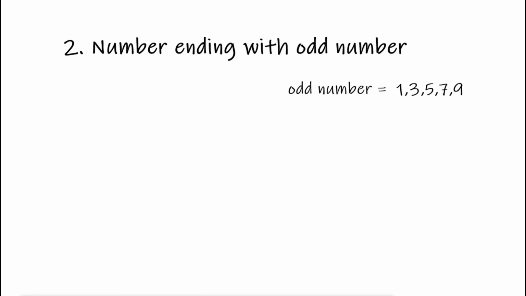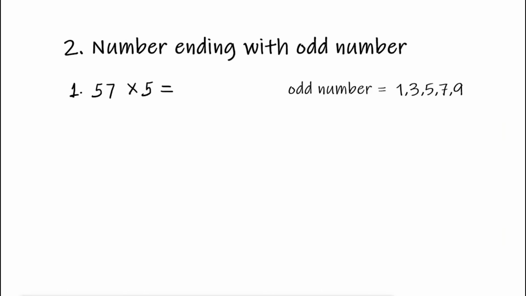Let's take one example. The first example is 57 multiplied by 5. The number 57 has an odd digit at the end, 7. How can we solve this problem? It also has two steps.